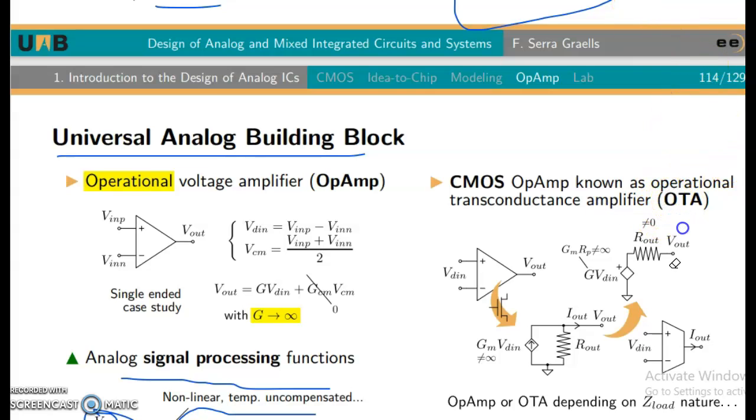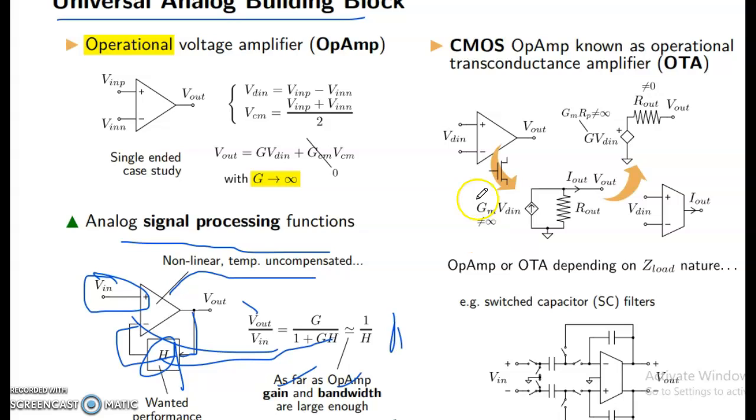Here VD in positive, VD in negative, V out. Actually, here the CMOS op-amp is known as operational transconductance amplifier. Okay, this op-amp is CMOS.